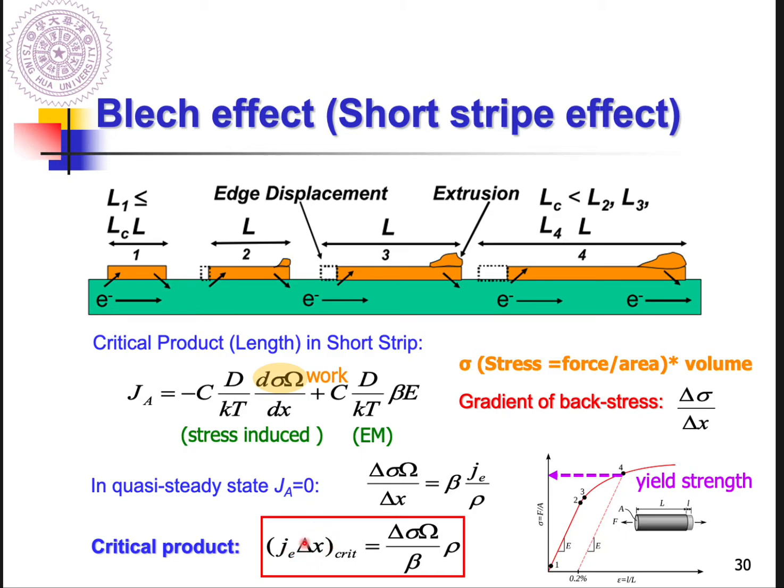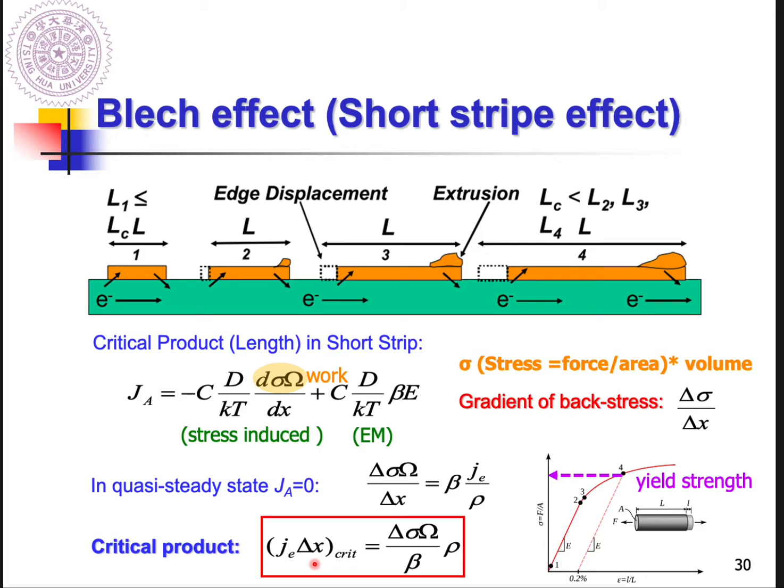Then, knowing the current density, you know the delta X. So you get the maximum length of this connecting line you can design to avoid the EM damage, including the void formation and the extrusion. This is what we call a critical product, the current density times the delta X. And this is a major effect we call the Blech effect caused by electron migration.